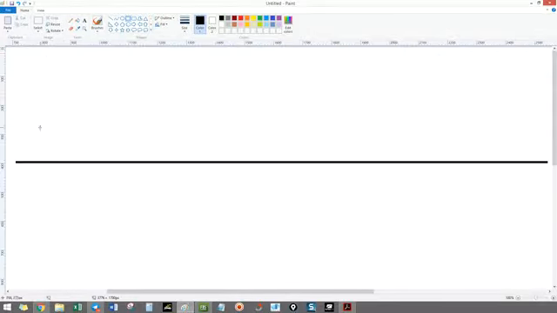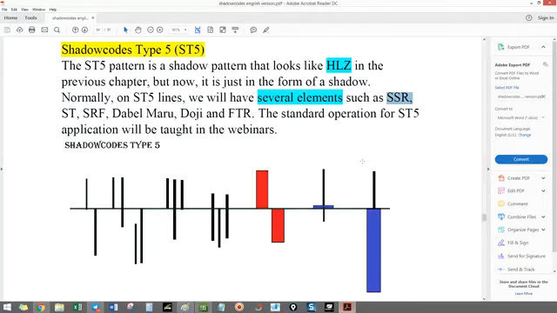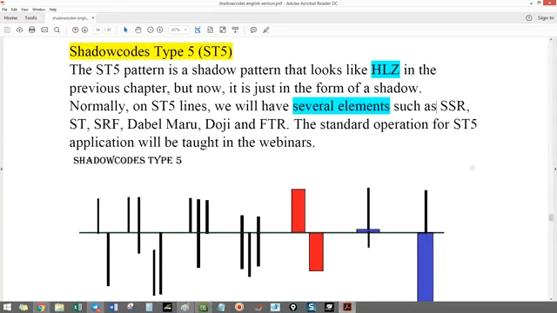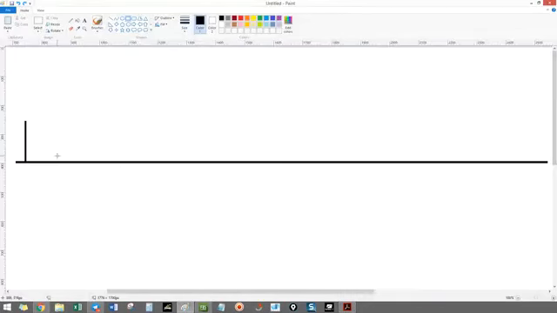First we want SSR. SSR will be like this. Actually SSR is taught by Mr. Mansoor. But later we will not use SSR, we'll be using ST. So SSR is something like this.